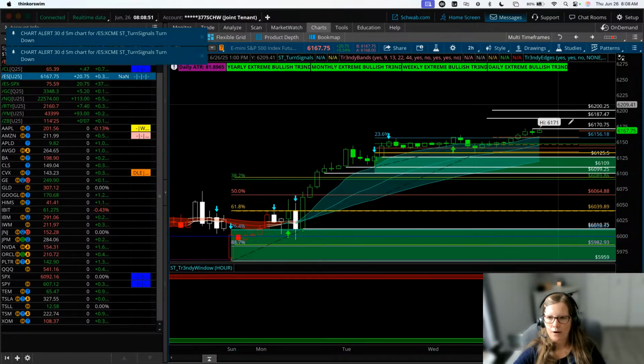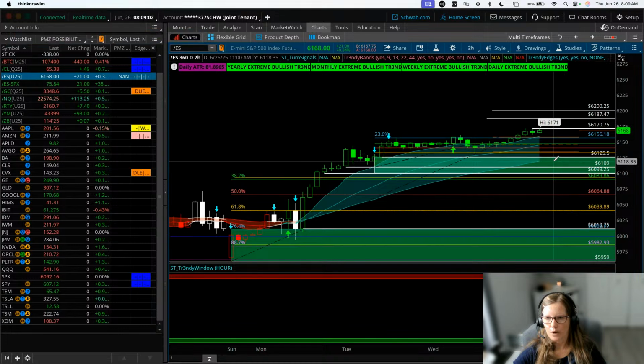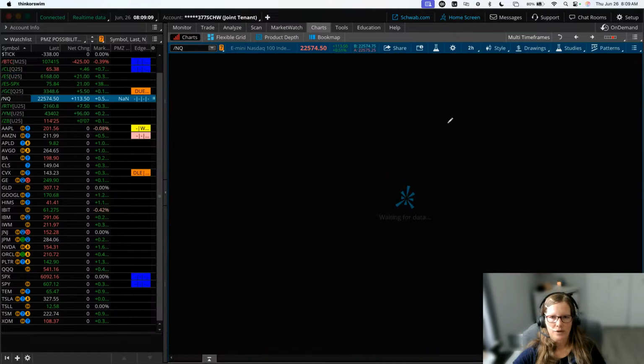So now I have a couple of levels above price where I would take profits if I go long. And then I have my targets to the downside if I'm short on the way to my buy zone down here. All right, I'll do the same thing with NQ working on this 2-hour chart.